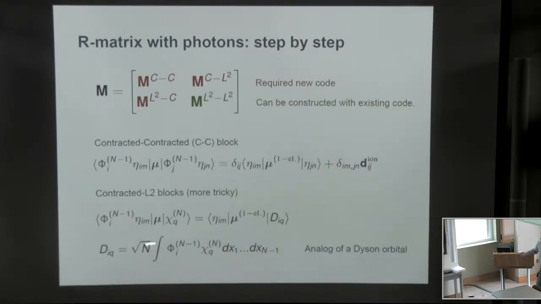This is the Dyson orbital. It's the overlap of the ionic state plus an electron configuration. And the nice thing about doing it like this is that we can now easily also get, if we want, Dyson orbitals out of the code.